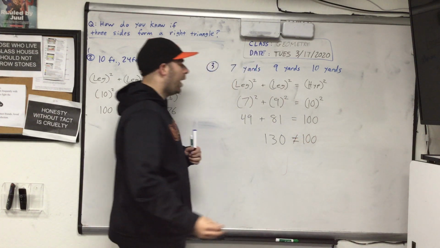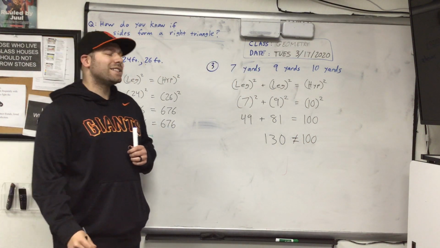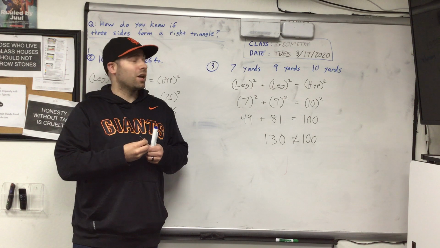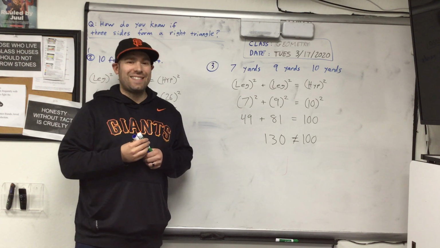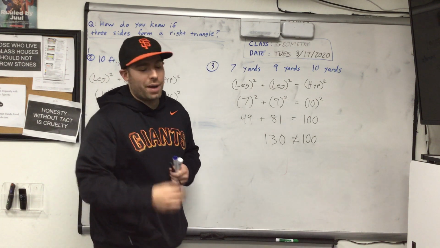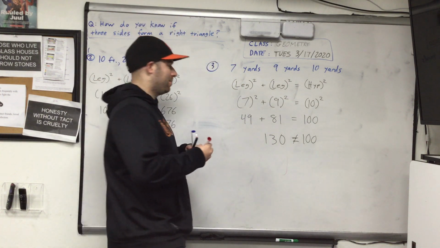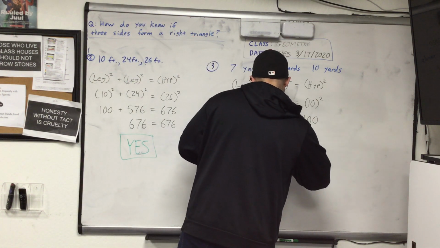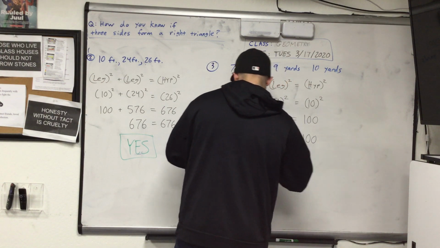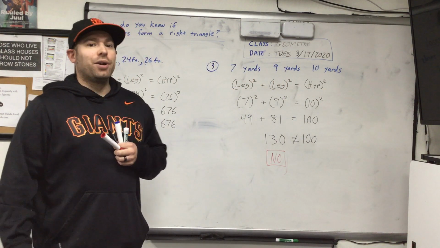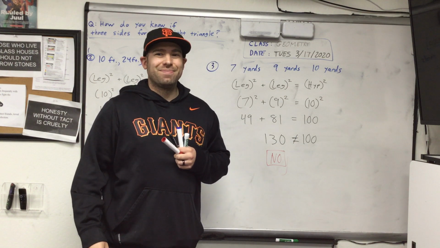So a squared plus b squared does not equal c squared in this case. Therefore, 7, 9, and 10 do not form a right triangle. The Pythagorean theorem is not satisfied. So the answer is no. 7 yards, 9 yards, 10 yards.